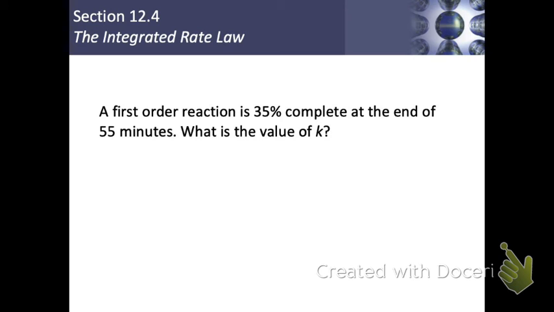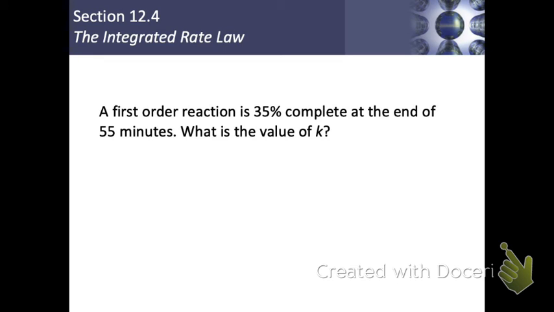All we know is that it's 35% completed after that time. So you need to focus on just the proportion. We can make up any initial concentration we want, knowing that if it's 35% done, how much of it is left? 65%.